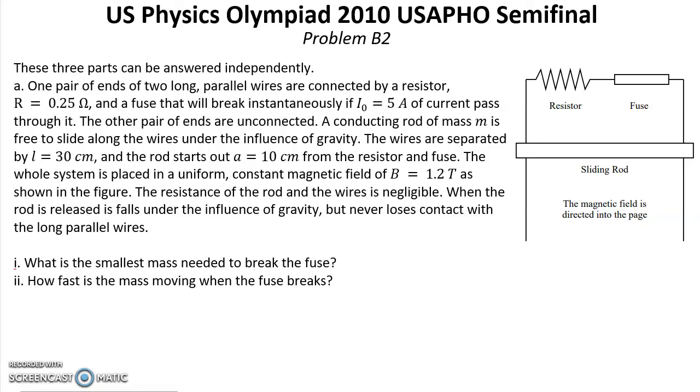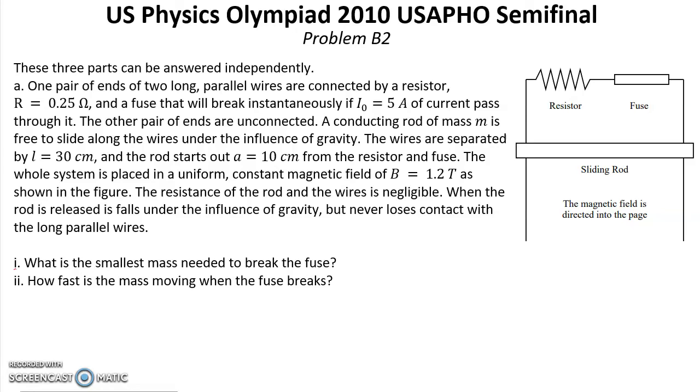A conducting rod of small mass m is free to slide along the wires under the influence of gravity. The wires are separated by L equals 30 centimeters and the rod starts out distance a equals 10 centimeters from the resistor and the fuse.